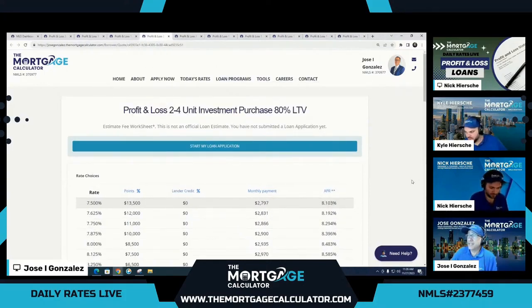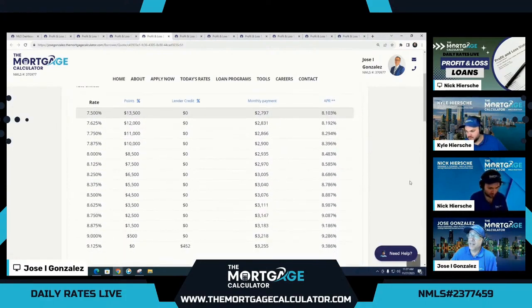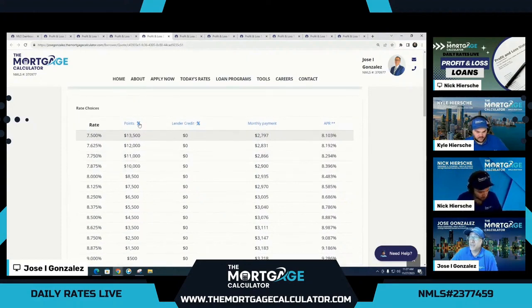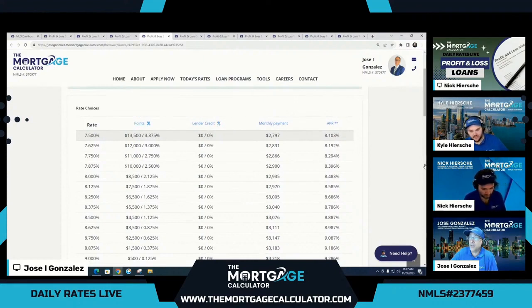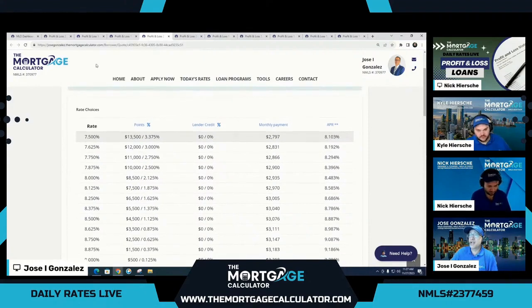Our same example at 80%, and again, we get an awesome option here. 9.125 has a lender credit, and we can buy that down to 7.5%. Those are nice low numbers. I'll give you the percentage amounts there so you can check it out.